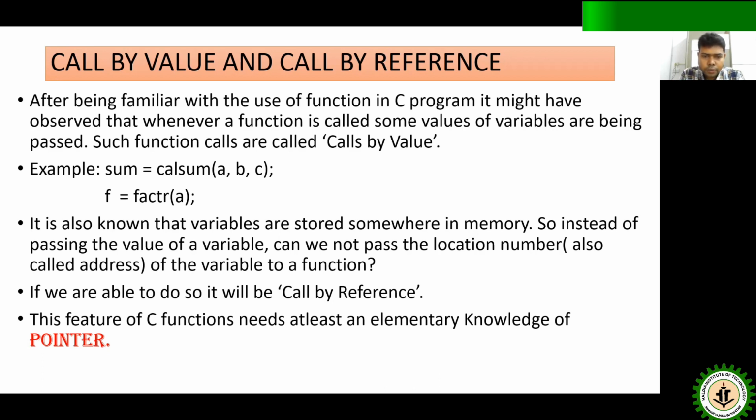So how can we do that? To do that, we have to go for call by reference. What does call by reference mean? To understand the concept of call by reference, we first have to know about a special feature of C programming, and that is the pointer.